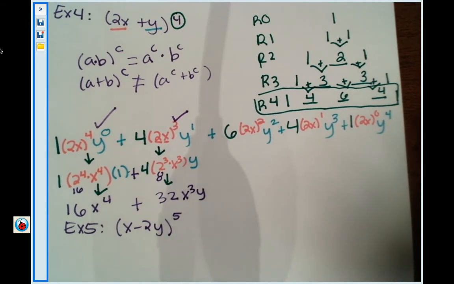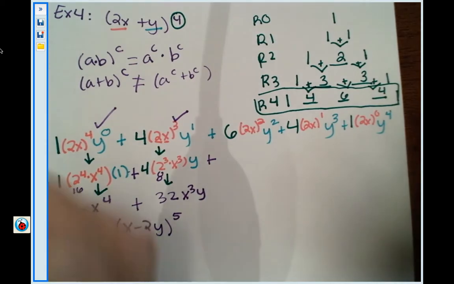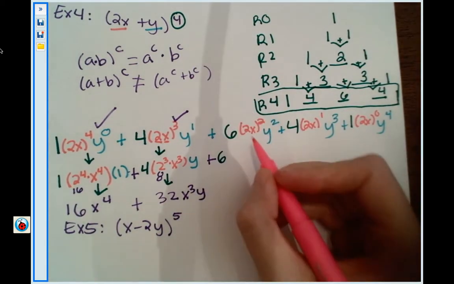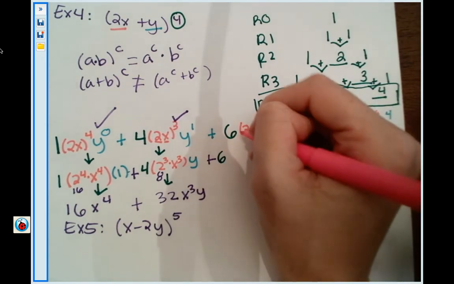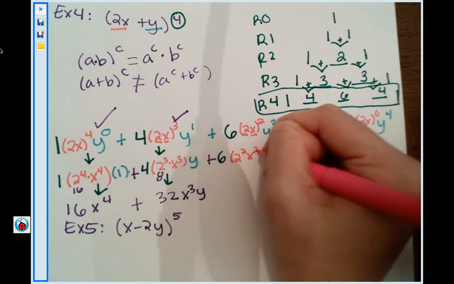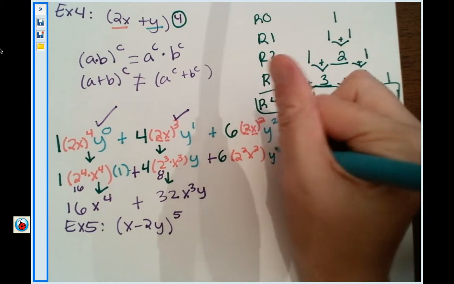We got this. So we now have plus, I got my 6. 2x to the 2nd means I'm going to raise each of those to the 2nd power, so the 2 and the x, so it'll be 2 squared, x squared. And then y squared is just y squared, so I'm going to bring down y squared.